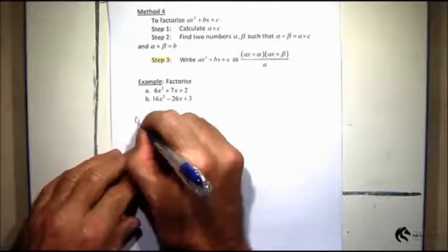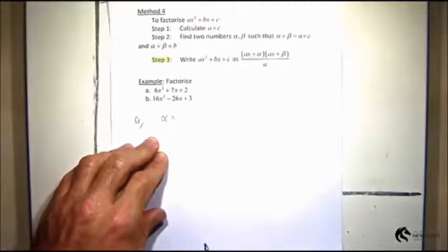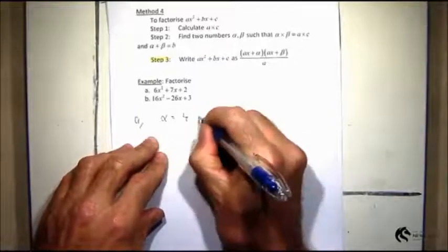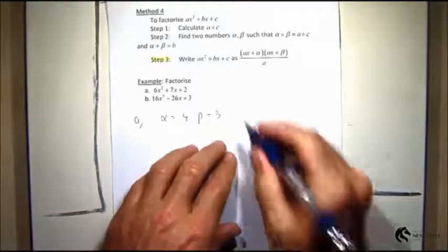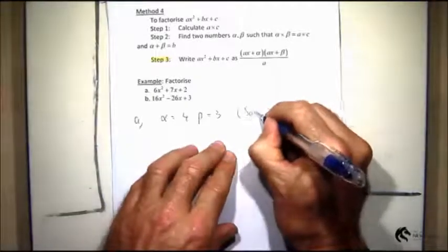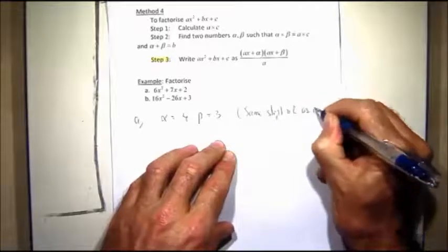In part A, we found alpha was equal to 4 and beta was equal to 3. Same steps 1 and 2 as above.